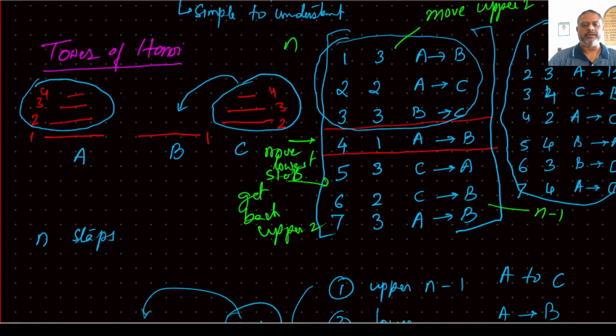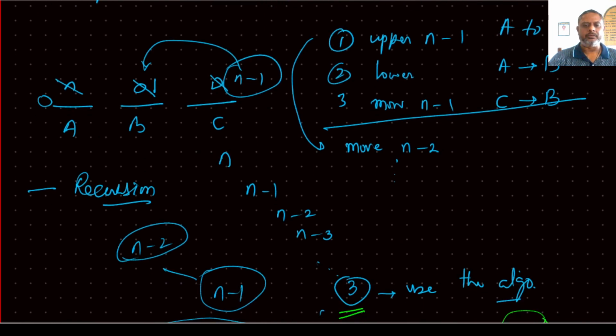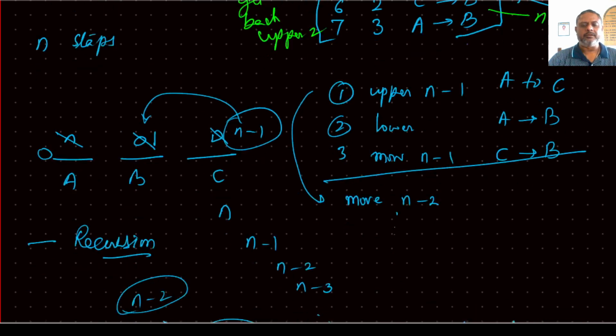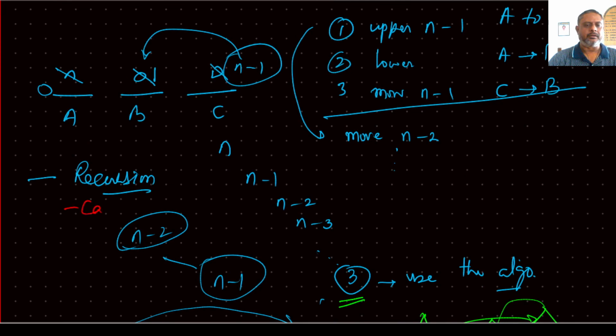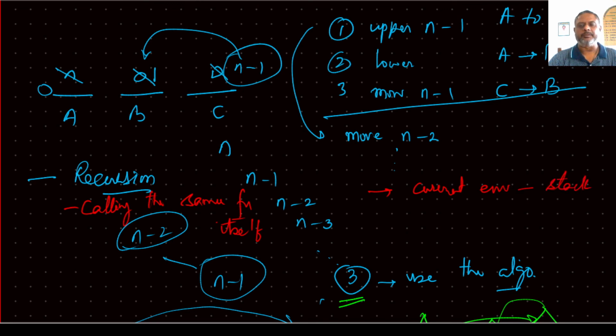But yes, every time we are using recursion, we are calling the same function, calling itself. That's recursion. Calling means the current environment has to be stored onto the stack, because when you come back, we need to start from where we left.